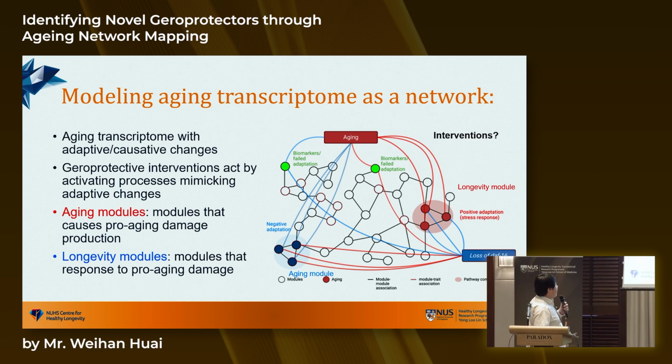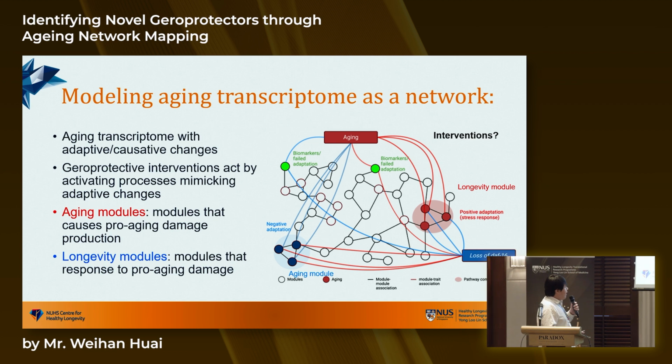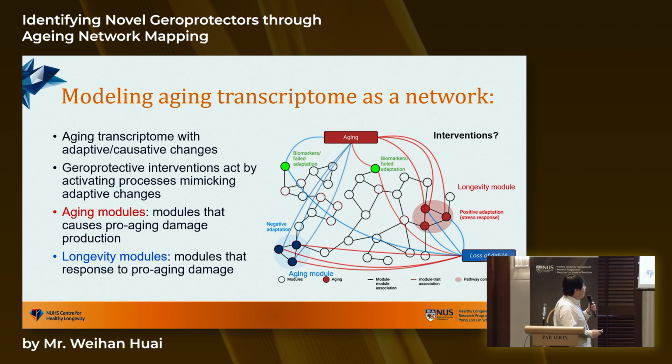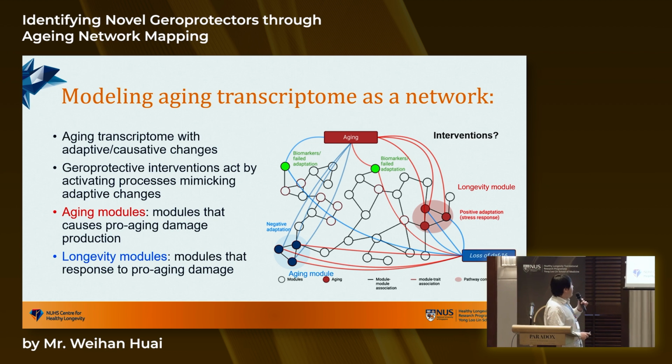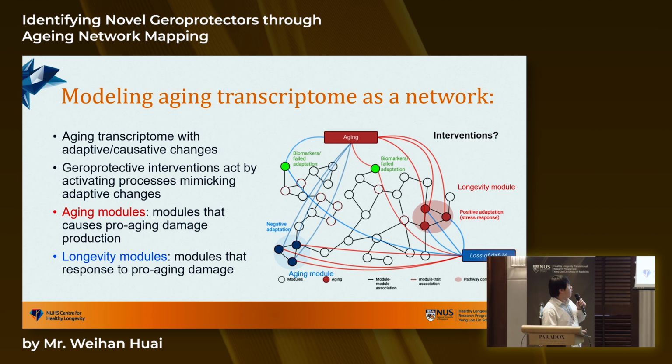So what we can do is build this aging network, and we have worms with different ages and worms with devastating mutations. So we build this network based on their co-expression. This is exactly what Dr. Ho talked about, the scale-free network.